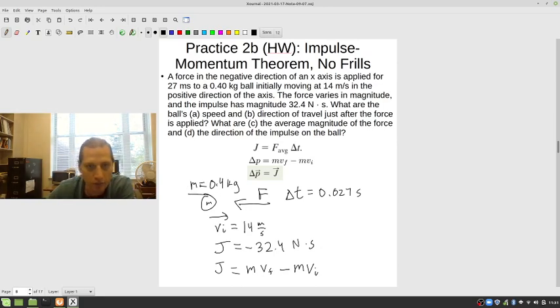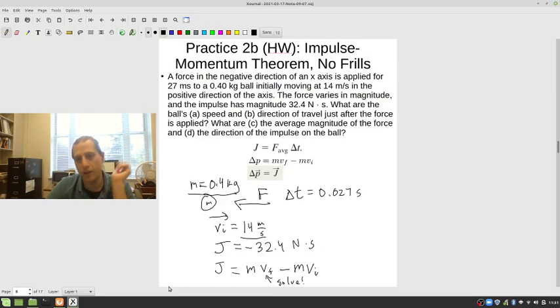You know your M, you know your V initial, you want to solve for your V final. Now that V final will have a positive or negative sign. If it's a positive number, that means the ball is going to continue to go in the plus x direction. If it's a negative number, that means it's going to have turned around. It's just like in baseball, where it comes in one way and goes out the other way.